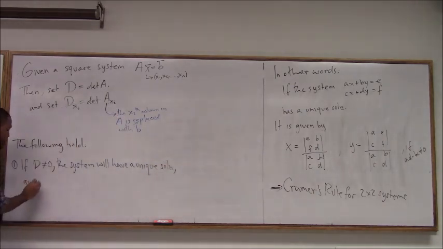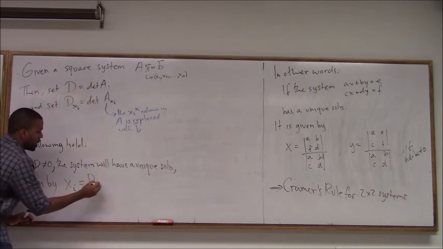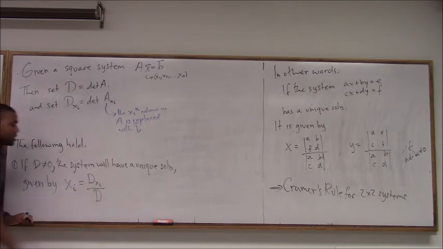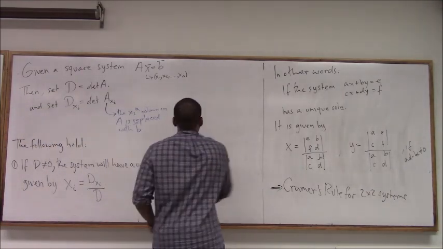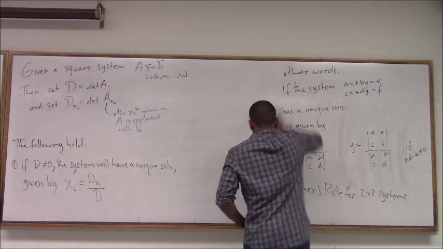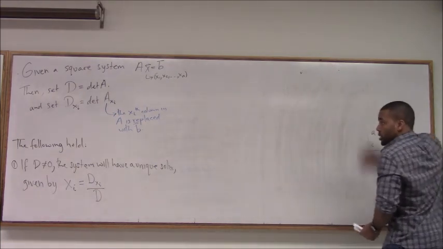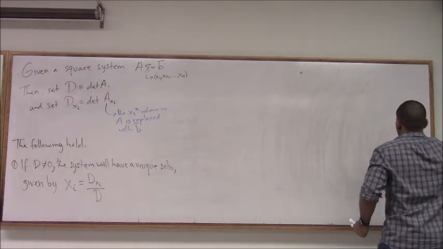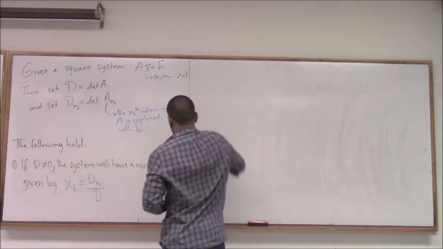In fact, we know a formula for it: the variable xi will be the determinant Dxi divided by the determinant D. As long as D is not 0, we can do this division. So that's one situation. If there is a unique solution, that's how we'll find it. There are other cases.